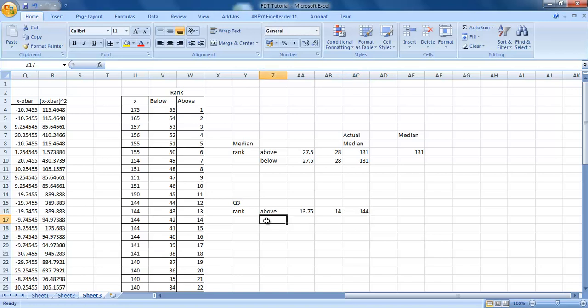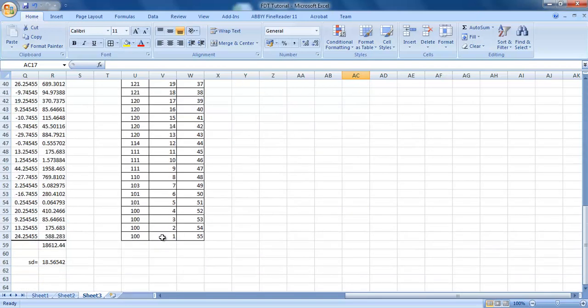Okay. So from below, the third quartile is located at 3n over 4, or 3 times 55 divided by 4. So it is located at 41.25. Round that up. It becomes 42. So what is the 42nd item from below?